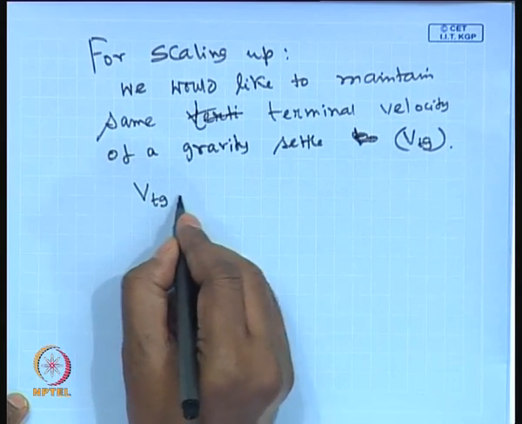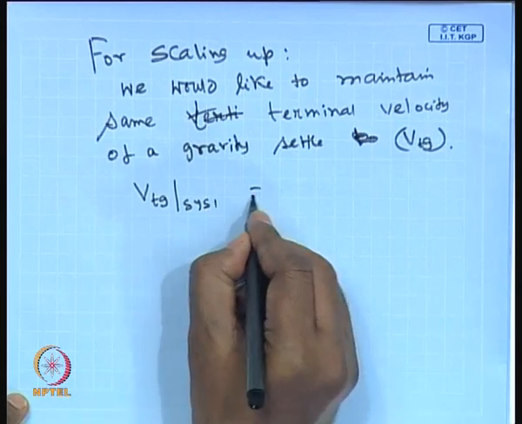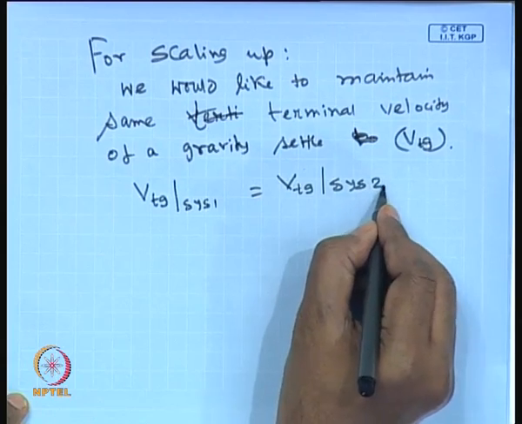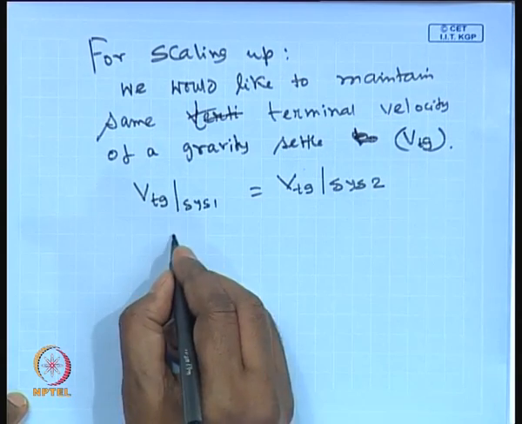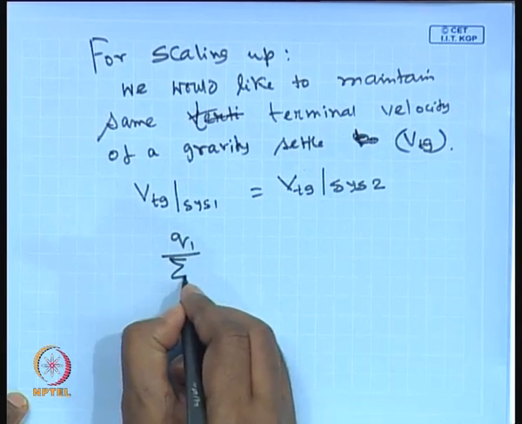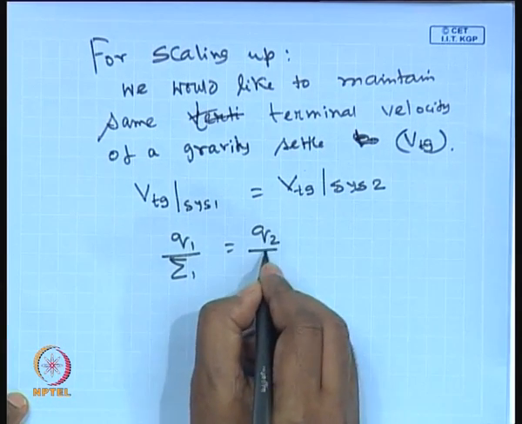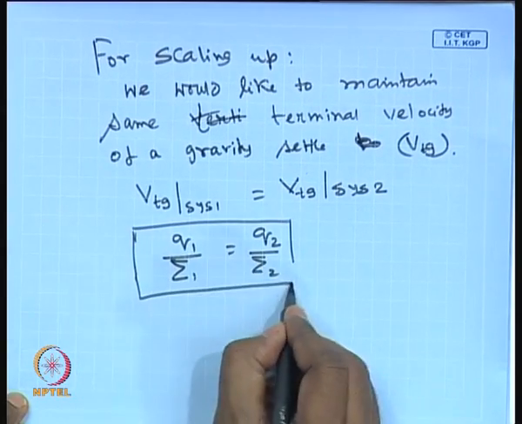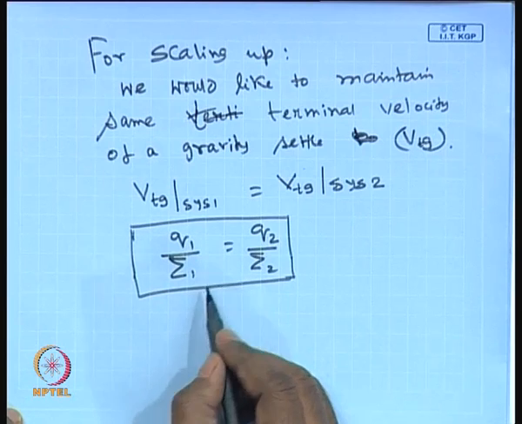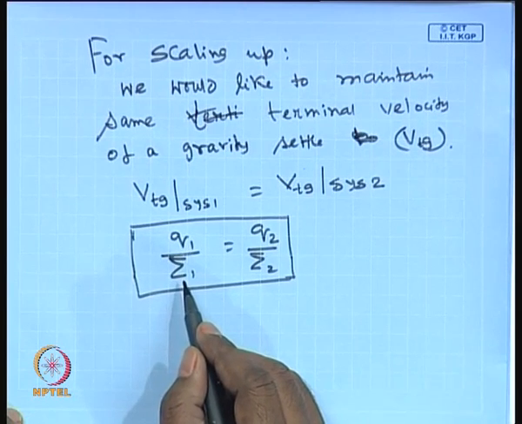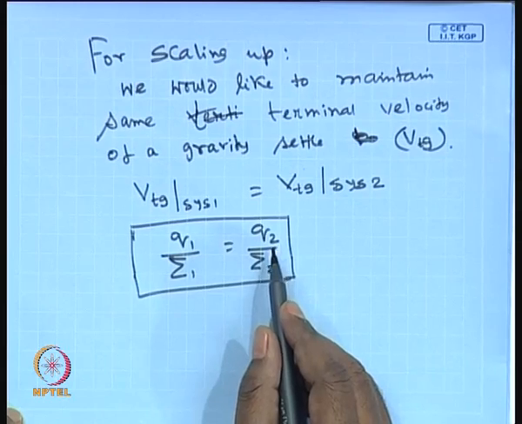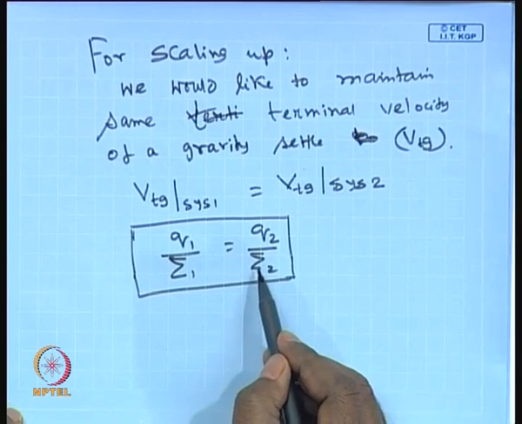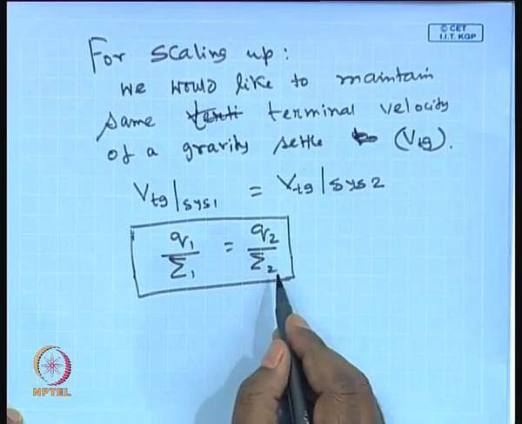Vtg for system 1 should be equal to Vtg for system 2. That simply means Q1 by sigma 1 is equal to Q2 by sigma 2. Q1 is the flow rate of the smaller centrifuge, sigma 1 is the sigma value for the smaller centrifuge, and Q2 is the flow rate of the larger centrifuge. It may be 10 times Q1, and sigma 2 is the sigma value for the larger centrifuge.